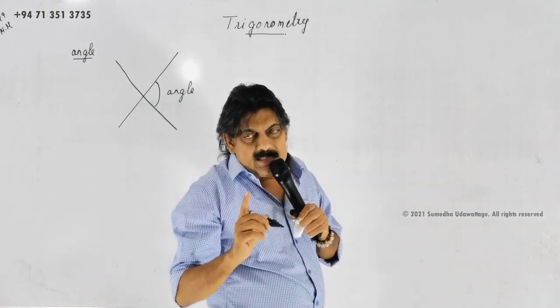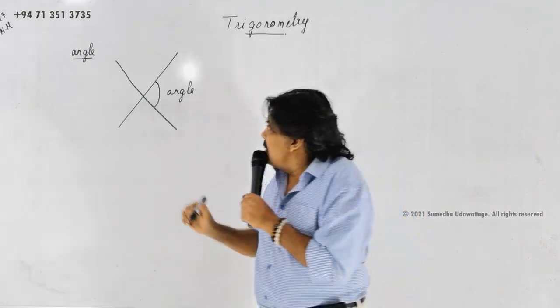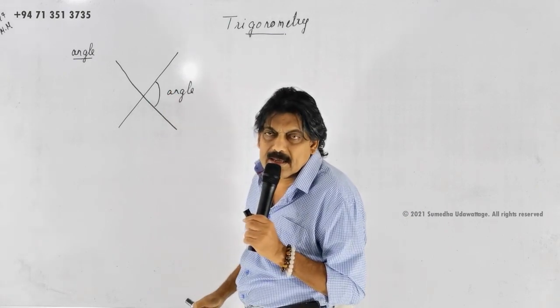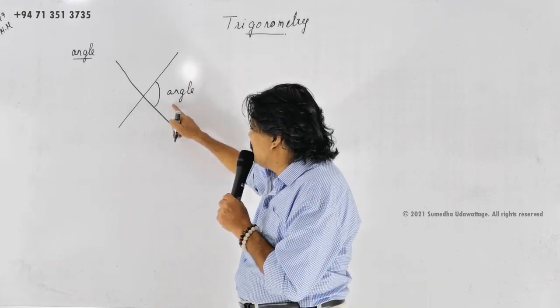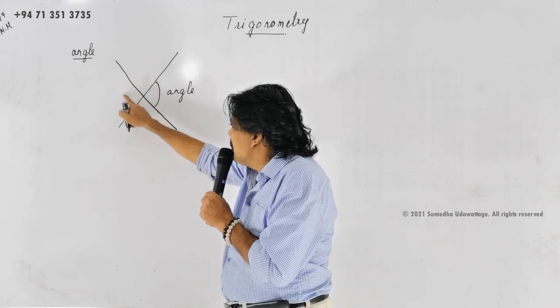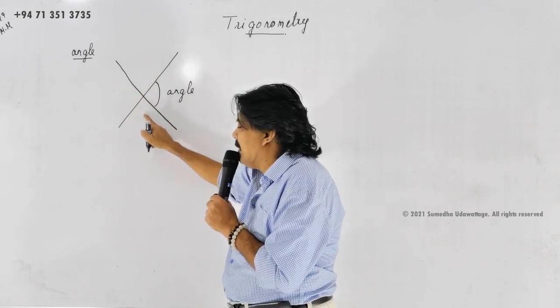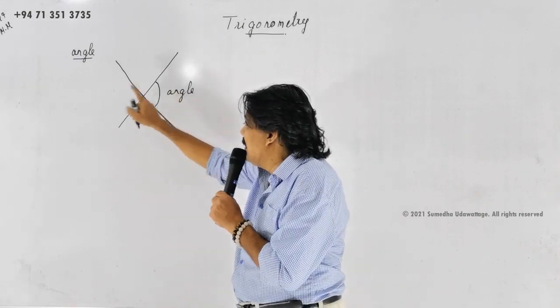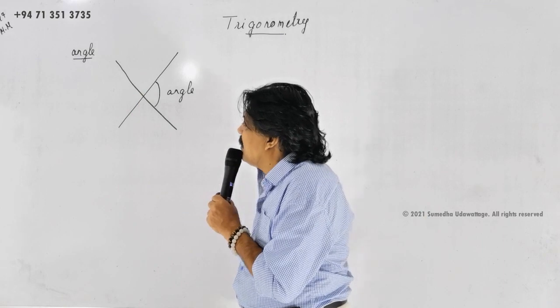This could be called an angle, this could be called an angle. From O-level geometry, you know this angle and this angle are equal.